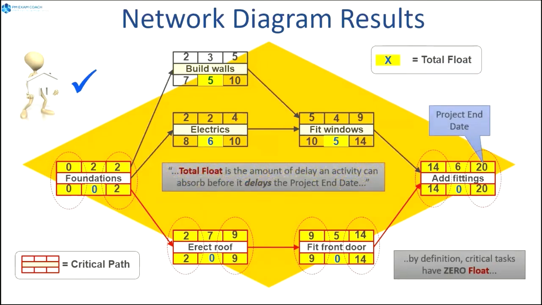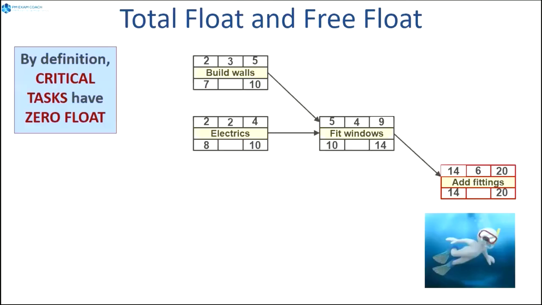Total float is the amount of delay an activity can absorb before it delays the project end date. By definition, critical tasks have 0 float, but here we have 5, we have 6 on electrics, and we have 5 on fit windows. Again, we are focusing on the pairs and seeing that there is a difference.